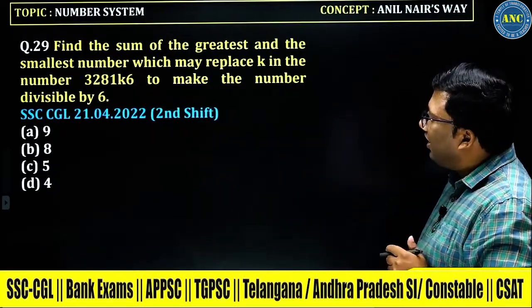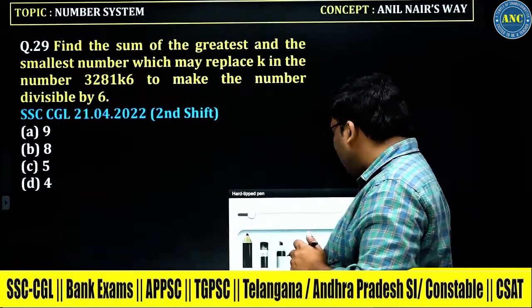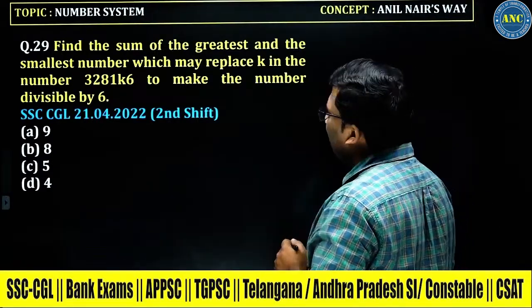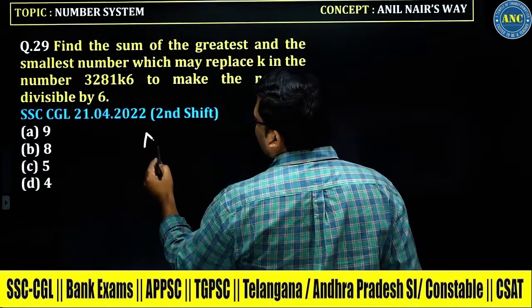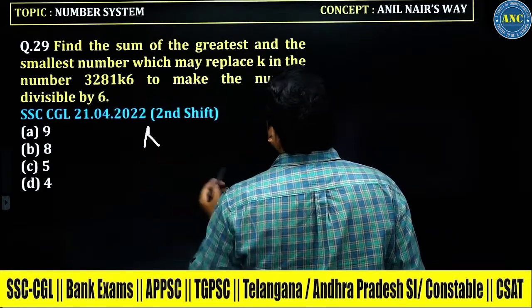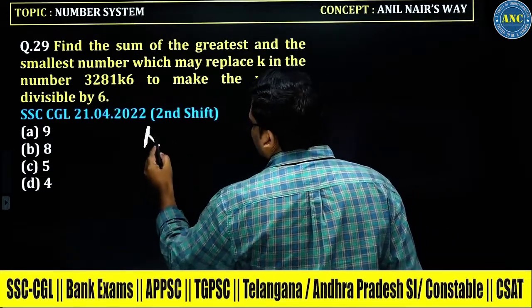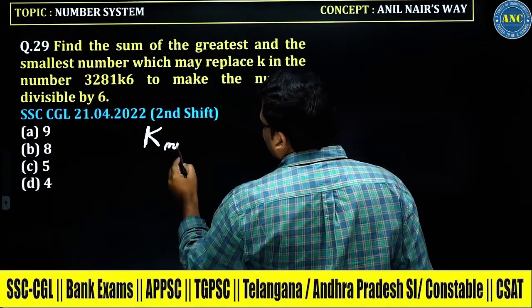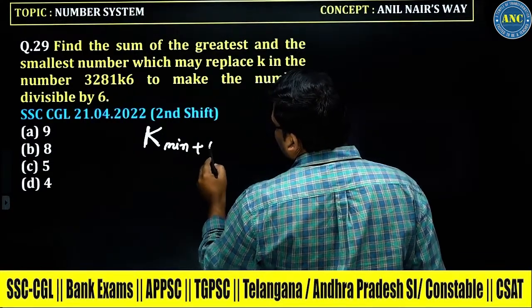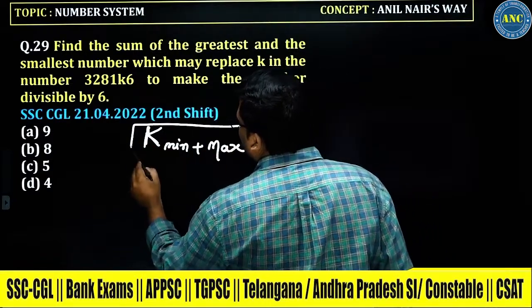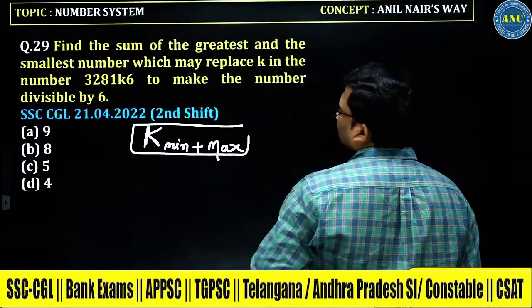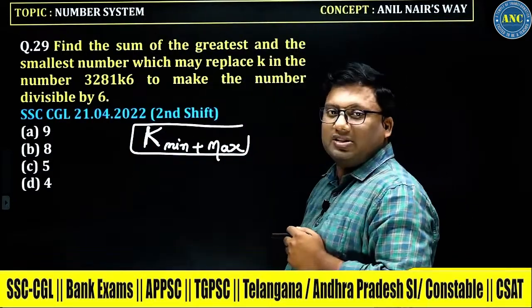Next one. Find the sum of the greatest and the smallest number. So we need to find the value of the greatest and smallest number. K has some value. We have to find the minimum value and the maximum value, K minimum plus K maximum, to make the number divisible by 6.